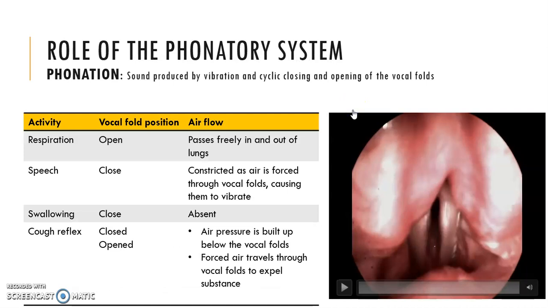So for the role of phonation, it's just the sound produced by vibration of the cyclic closing and opening of the vocal cords. And we'll go over the structures of the phonatory system in just a minute. But the overall role of the phonatory system changes depending on the activity. So from a biological perspective, of course, the larynx is there for respiration and helping protect the airway.